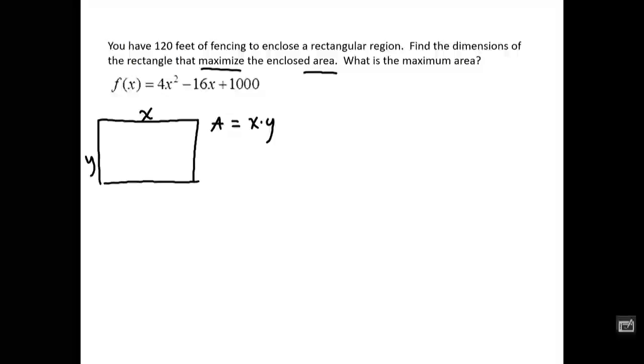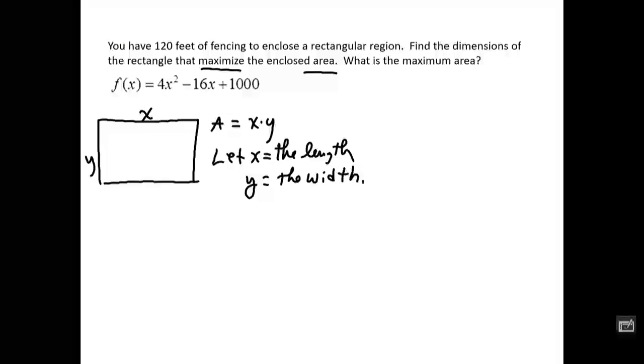Well, what do we know? We know that we have 120 feet of fencing. All right, so we know, in other words, we have a perimeter of 120. So let x represent the length, and let y be the width of the rectangle.